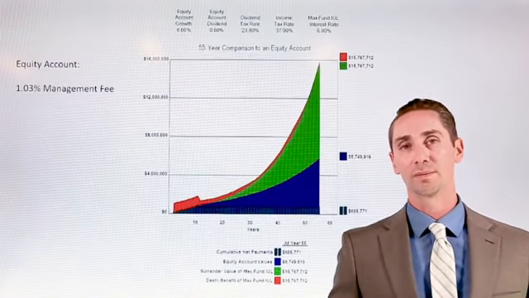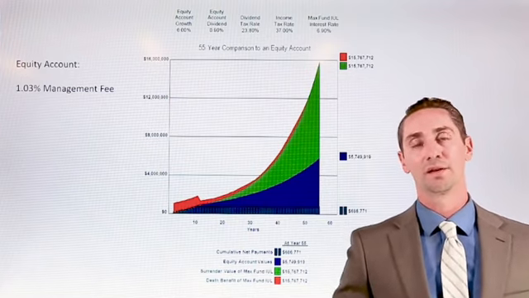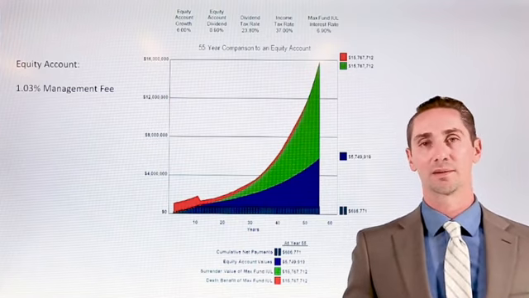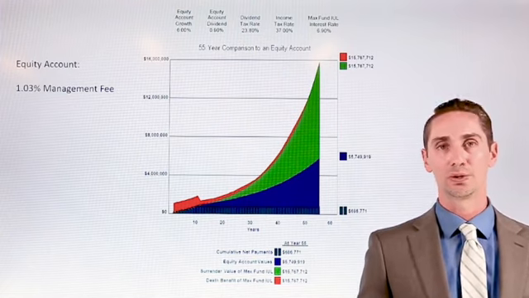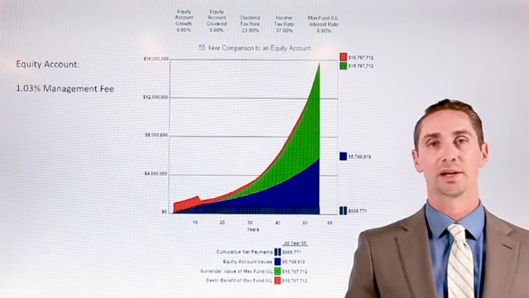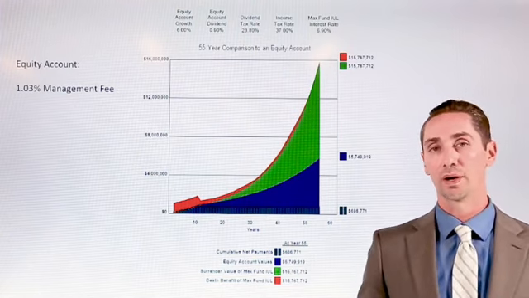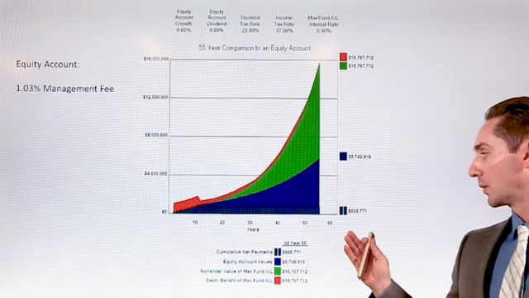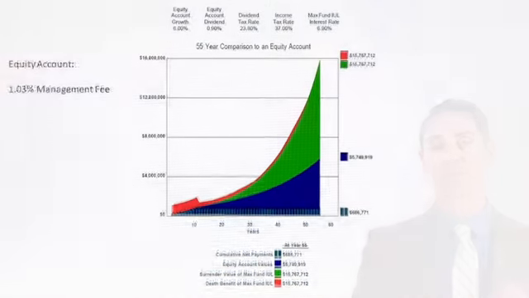Now, ultimately, what does this mean for your money? If you were to fund the same exact dollars into these two different vehicles, the maximum funded indexed universal life or the non-qualified equity account, we're funding a total amount of $686,000 over a 10-year time frame. The equity account grew to $5.7 million through age 100, despite all the fees and all the taxes.